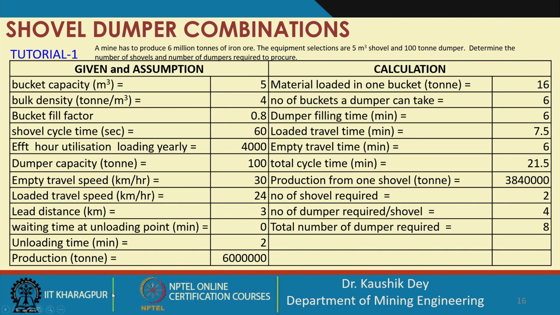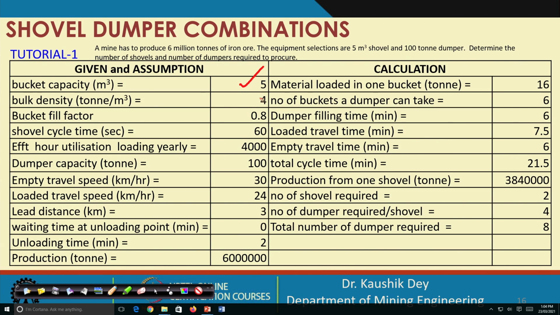So, now this is the calculation. So, these are the assumptions we have already discussed, and we can see the material load in one bucket, the number of buckets a dumper can take 6, dumper filling time 6, loaded travel 7.5 minutes, empty travel 6 minutes, dumping time 2 minutes, then total cycle time is 21.5 minutes, number of shovels 2, number of dumpers per shovel 4, total number of dumpers 8, and obviously we can understand if we are having this, then the waiting time for the dumper at the shovel is 4 into 6 minus 21.5.